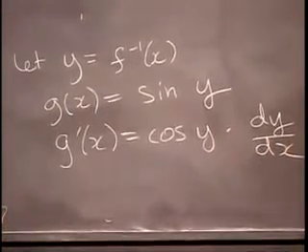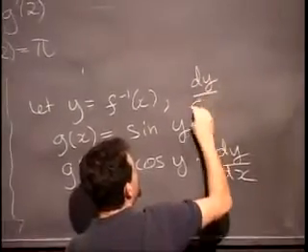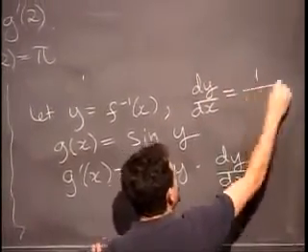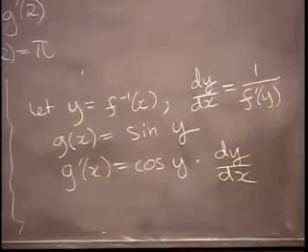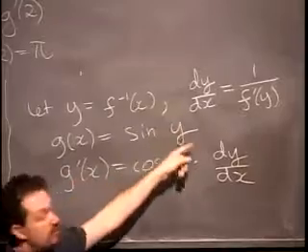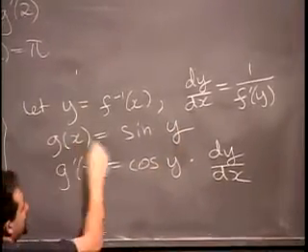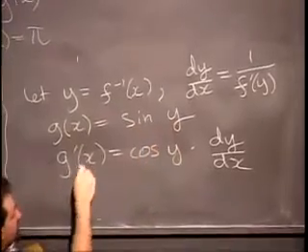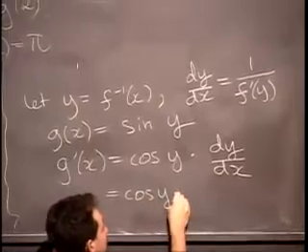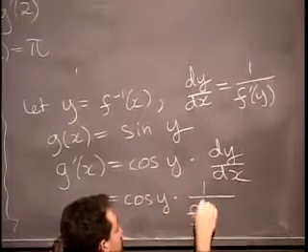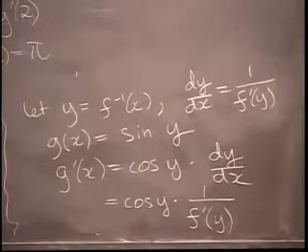And of course, y is the inverse, and we know from our formula before that dy dx is 1 over f prime of y. That was the first formula that I wrote. If y is f inverse of x, dy dx is 1 over the derivative at y. So if g of x is sine of y, g prime of x is cosine y dy dx, which is cosine y times 1 over f prime of y. So that is what you get using this y notation.